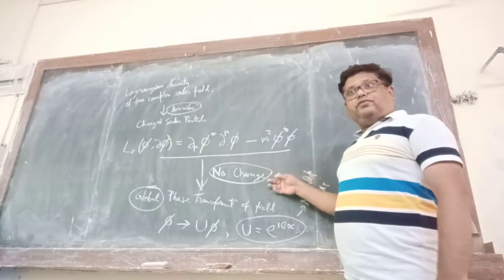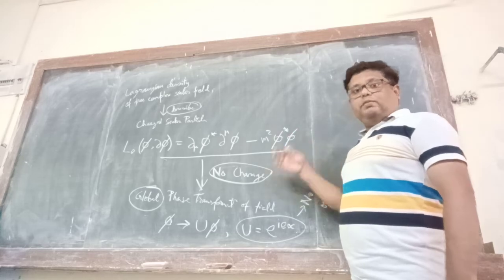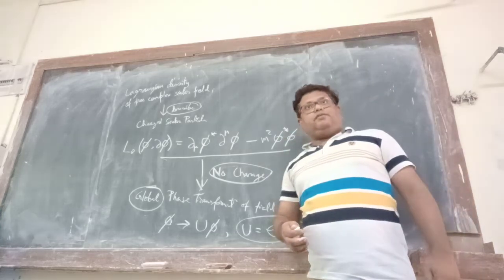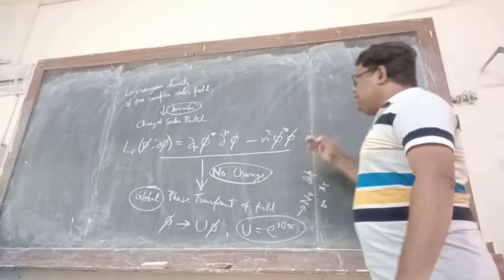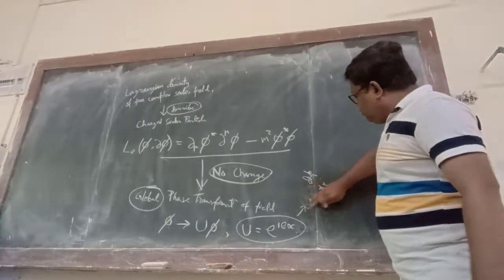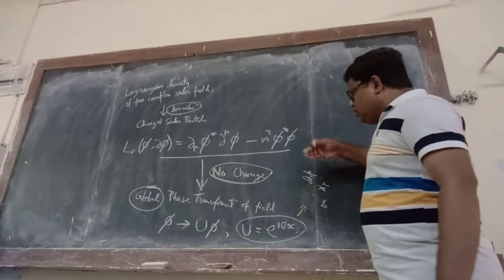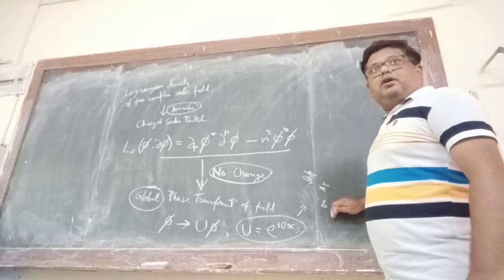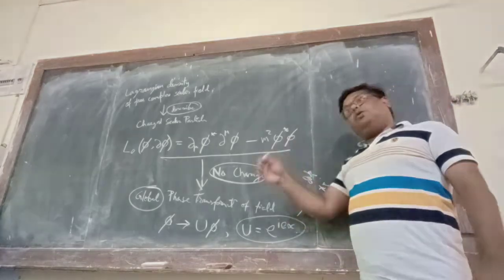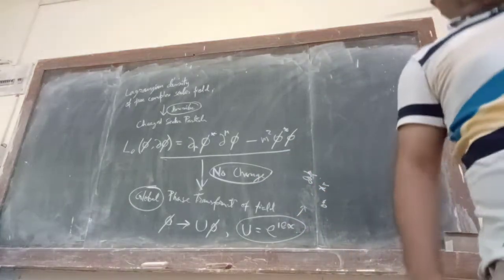Remember, we are talking about fields here, right? So global phase transformation of the field. Now let's move forward from no dependence to dependence on x mu, and that will be the local phase transformation.